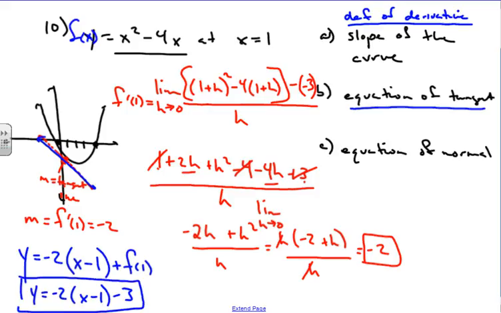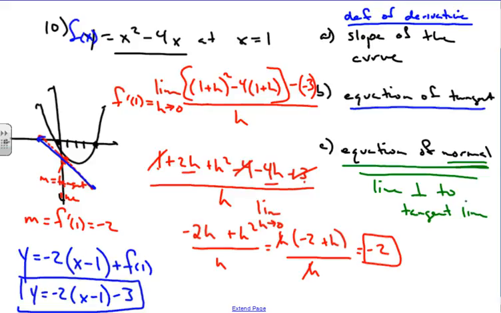Now the next one that we want is the equation of the normal line. The normal line is the line that is perpendicular to the tangent line.